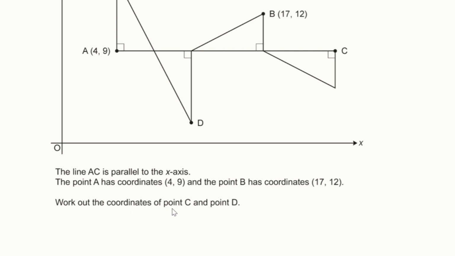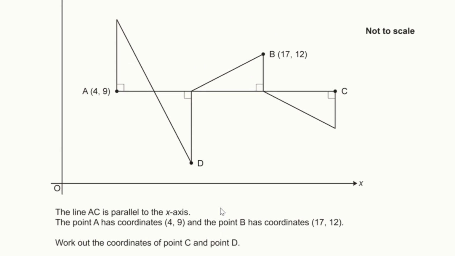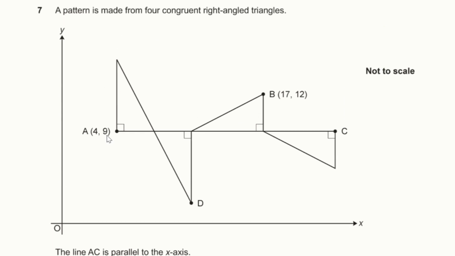We have to work out the coordinates of the point C and the point D. Well, if we take a look at how we go from the y coordinate of A to the y coordinate of B, we are going from 9 to 12.